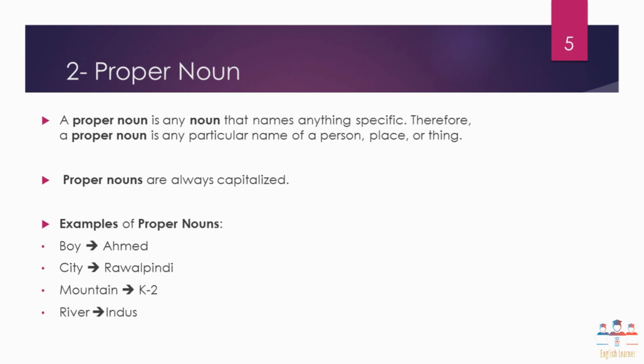River means any river. If I specify the name of the river, then it will be called a proper noun. Here, Indus is the proper noun. It means the proper noun is actually the specific name of any person, place, or thing.